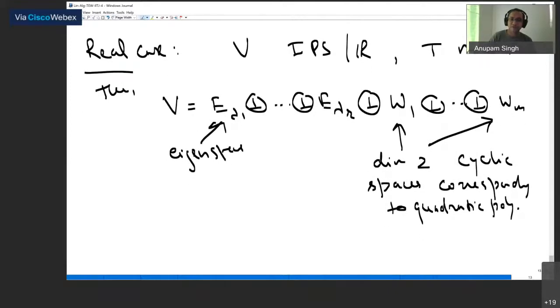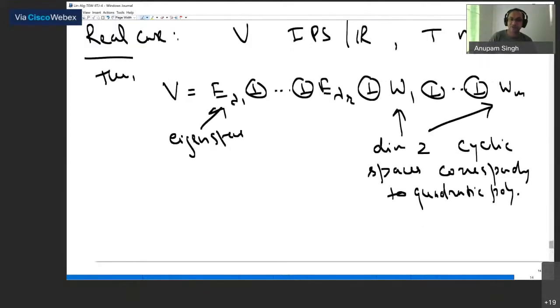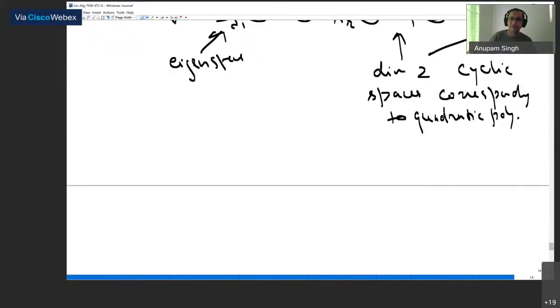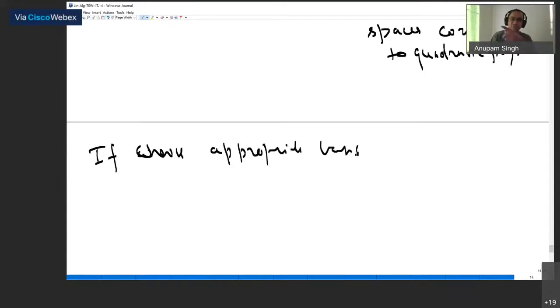Okay, and moreover, the question is how does T look like? So in fact, let me write T in matrix form. If we choose an appropriate basis, meaning a basis with respect to that decomposition I just wrote, the matrix of T will be something like this.